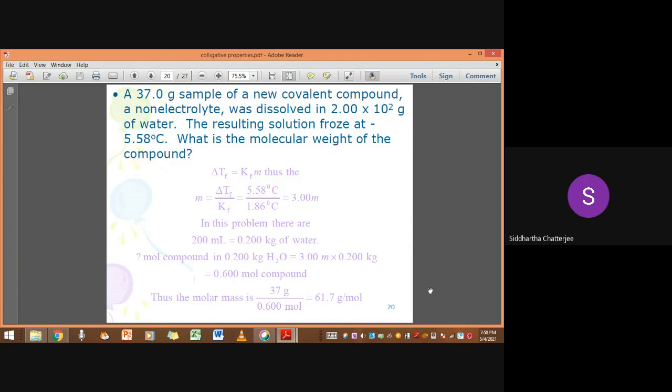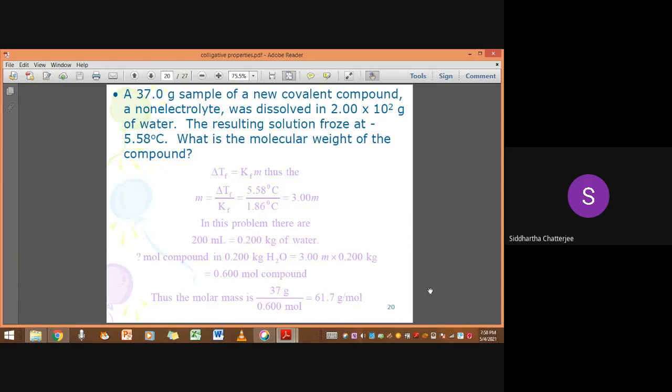We have said m is 3, so 3 equals 30 by M2 into 1000 by 200. So naturally you can write capital M2 equal to 30 into 1000 divided by 3 into 200.